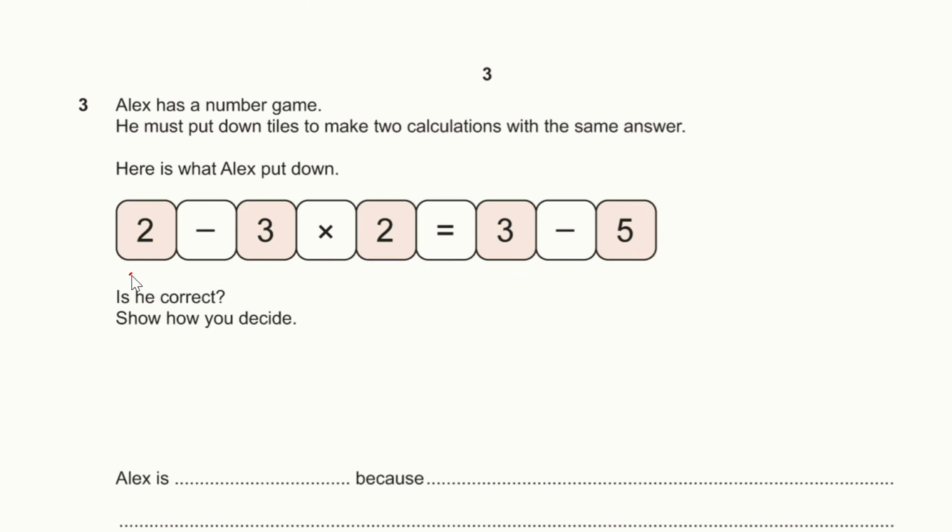Well, what we see here, 2 minus 3 times 2, this result is the same as 2 minus 6, which is minus 4. 3 minus 5 is minus 2.